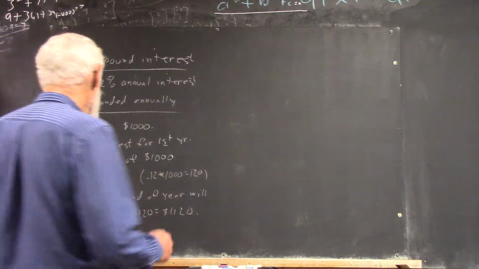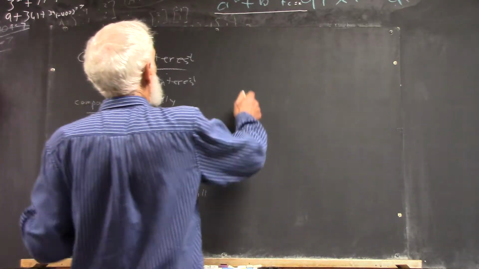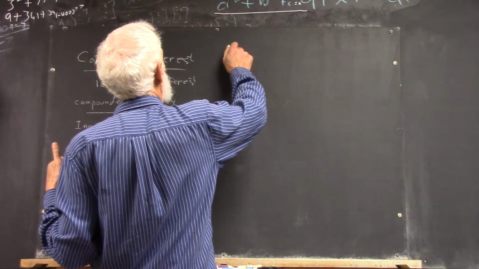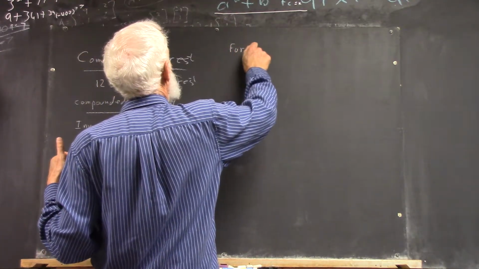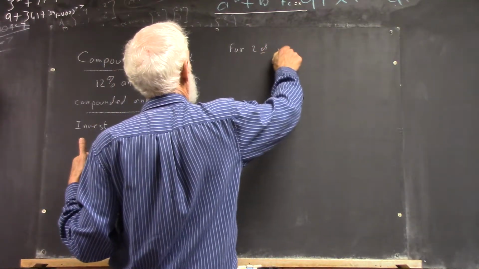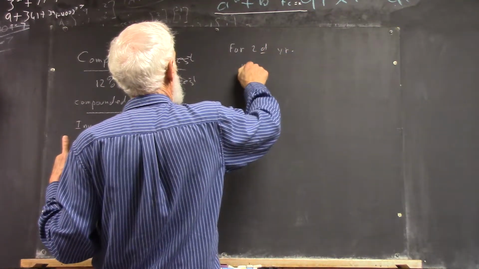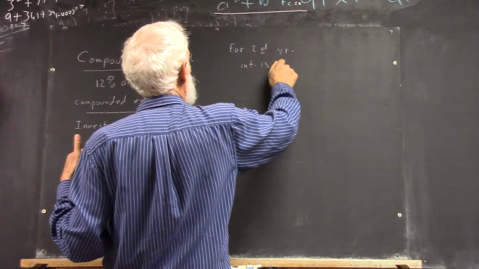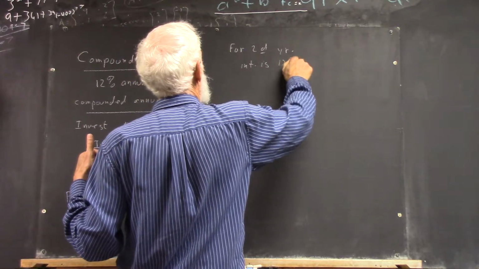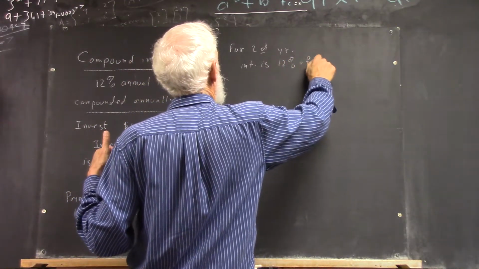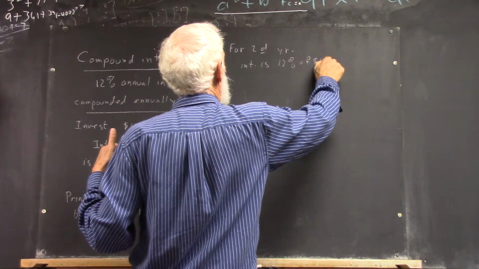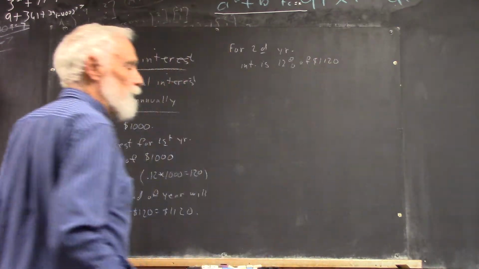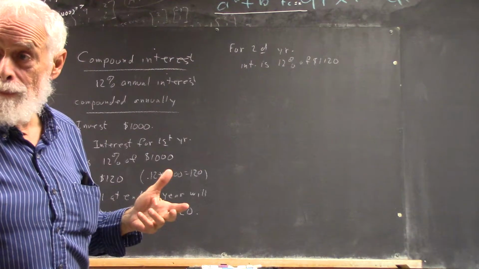Okay, so I can kind of summarize that for the second year. Interest is 12% of 1120, right?